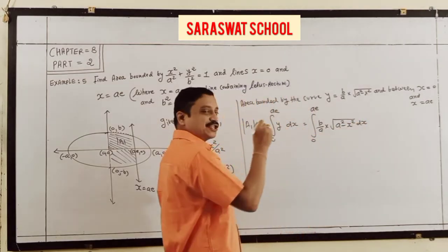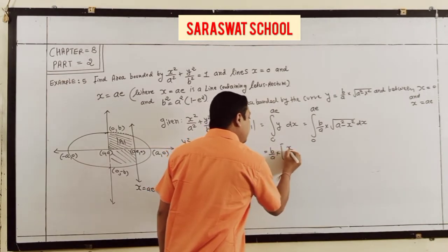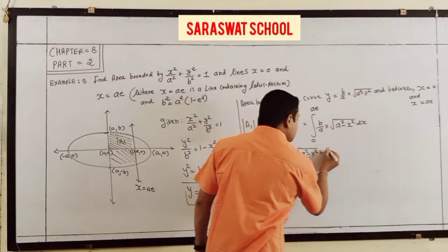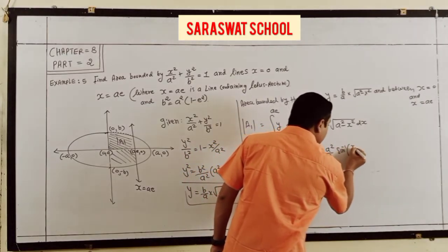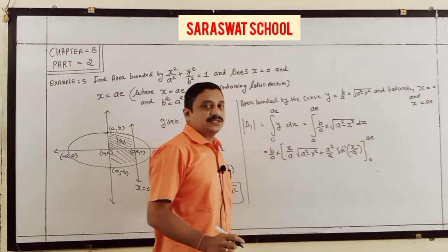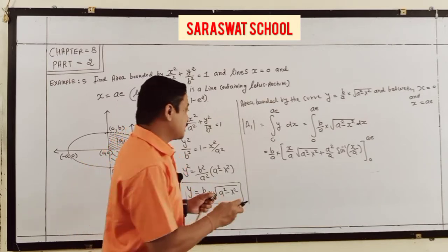Students, this is an integration you know: b by a outside, and the other is x by 2 under root a square minus x square plus a square by 2 sine inverse x by a, from 0 to ae. Just putting down your limits, you easily get A1.